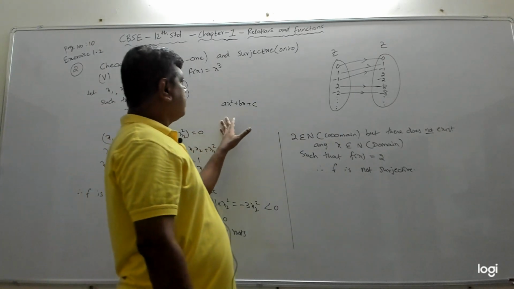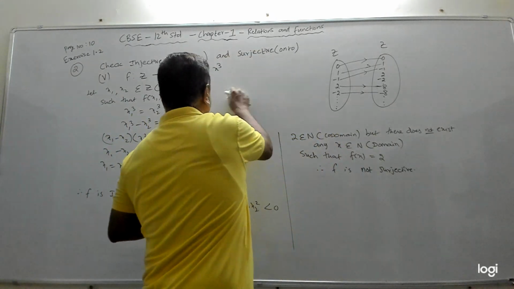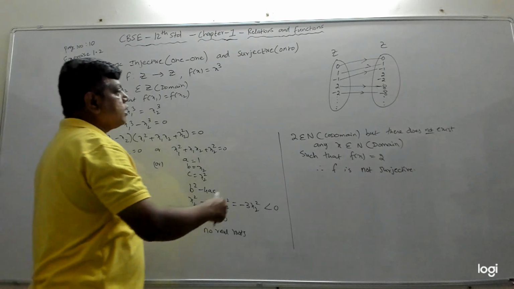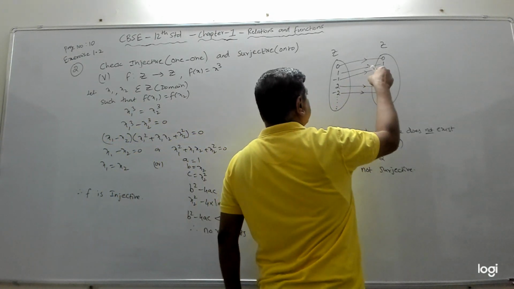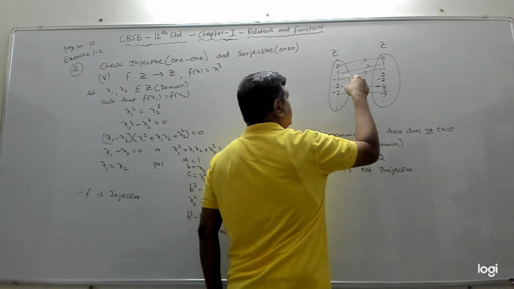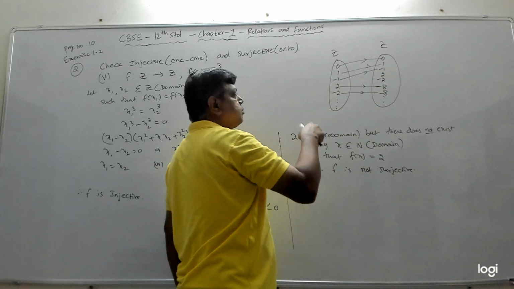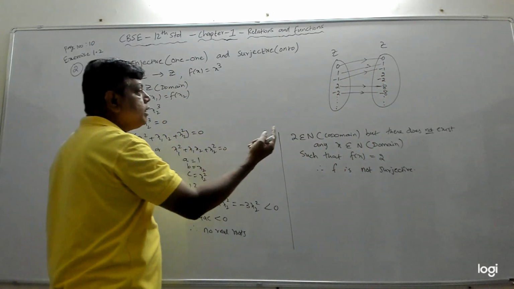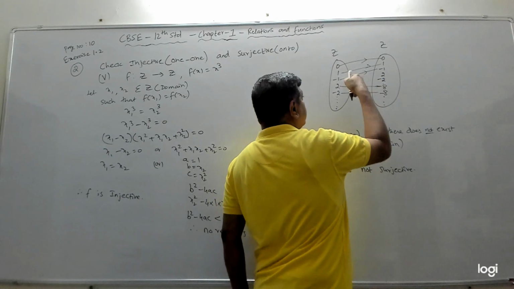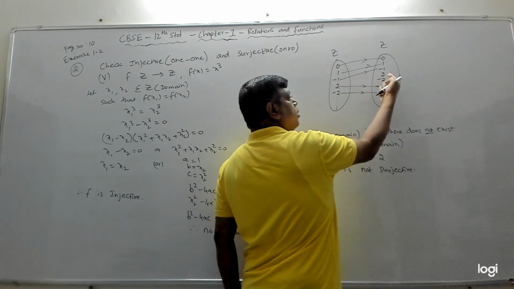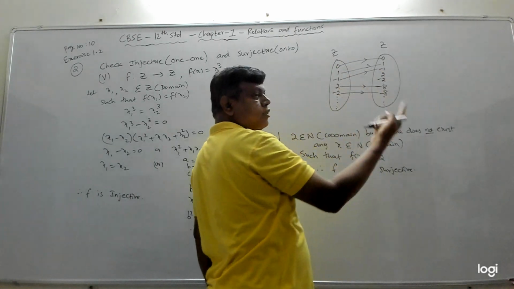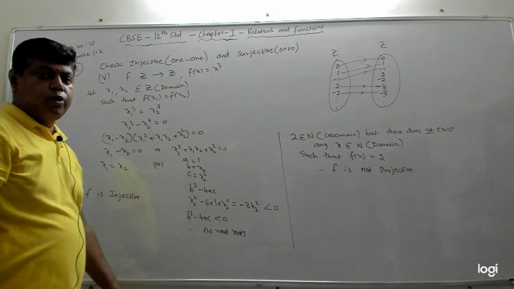Similarly for onto, again if you see 2, there is no element here which is mapped to 2. Even minus 2, there is no element here which is mapped to minus 2. So minus 2 cannot be an image of any element in this, or 2 cannot be an image of any element in this. Therefore, it is not onto, which means not surjective.